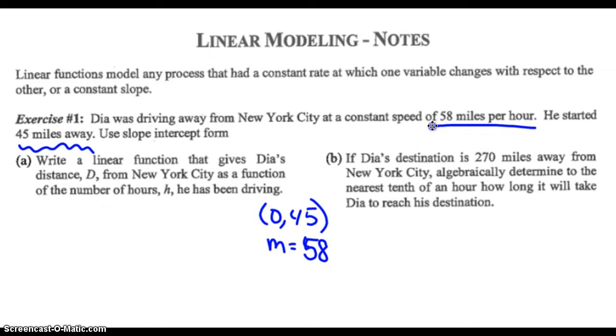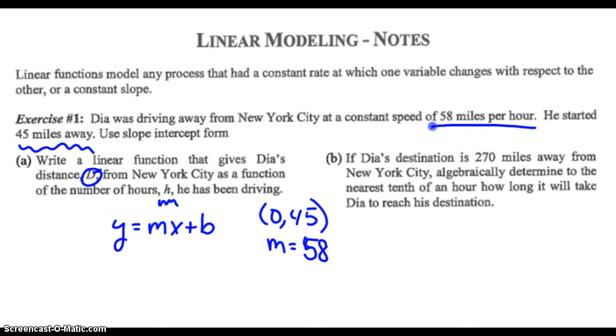So we're going to write this in distance in terms of the hours. This is something that they are really excited about, this being the new Regents Common Core, that they want you to write in terms of their variables. So knowing that I have slope-intercept form, we would write that as y equals mx plus b.